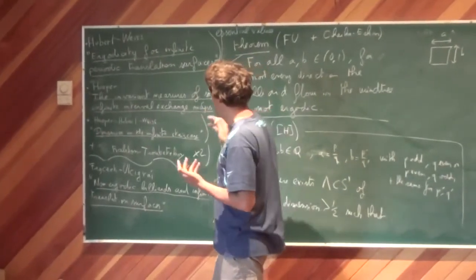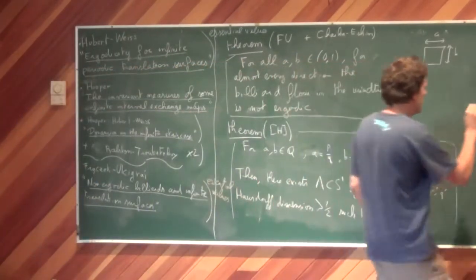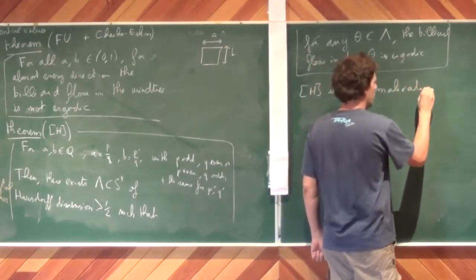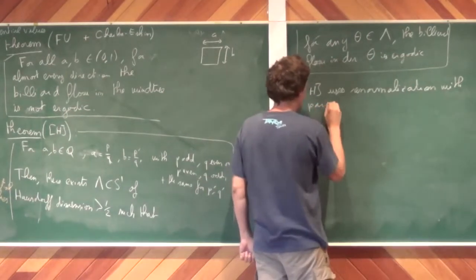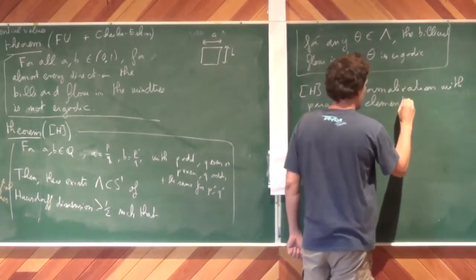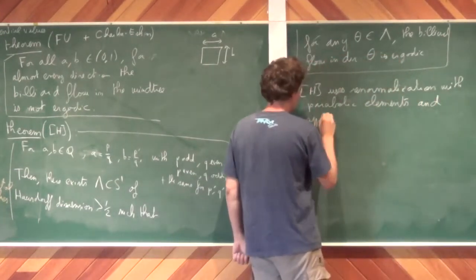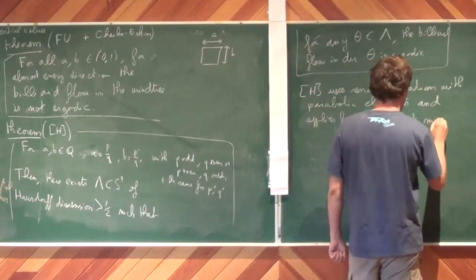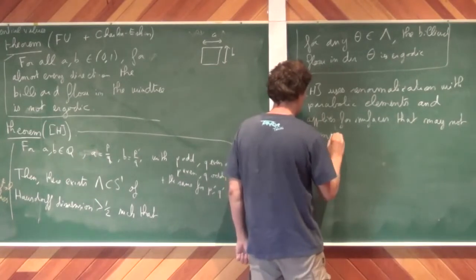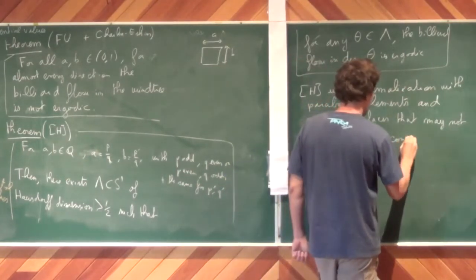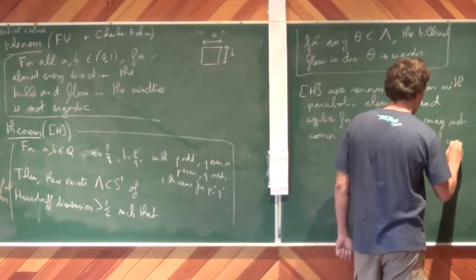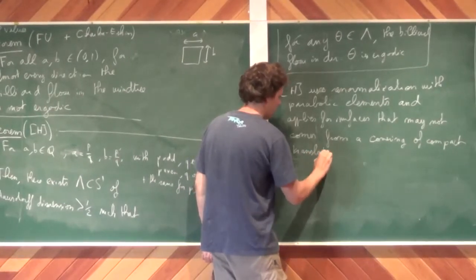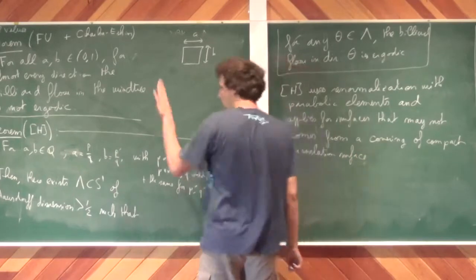But this one uses other techniques, so it is possible. He uses renormalization with parabolic elements, and applies to surfaces that may not come from a covering of a compact surface, and by compact I mean a translation surface with a finite number of singularities. And for all the others, this manifests.